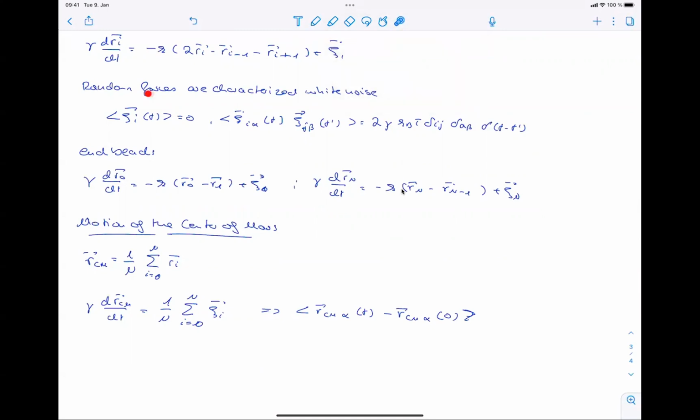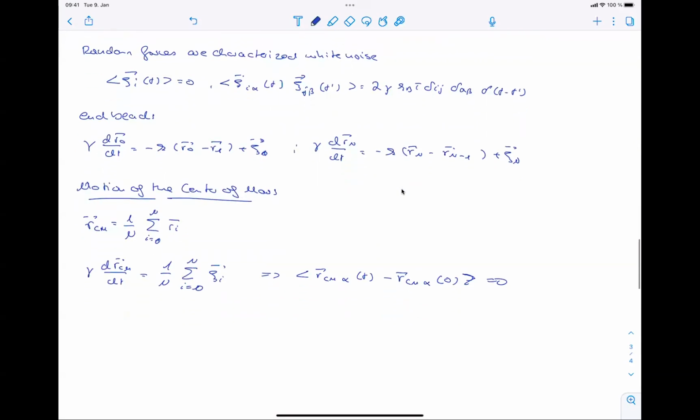Because the average of the noise is 0, this is 0, and only the second moment is more interesting, where we have then R CM alpha at t minus R CM alpha at 0 times R CM beta at time t minus R CM beta at 0, another bracket, and then this is 2 kBT, sorry, there's an n gamma coming on, 2 kBT over n gamma delta alpha beta t.